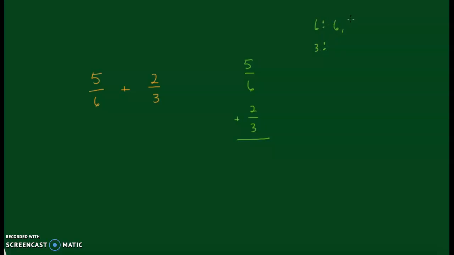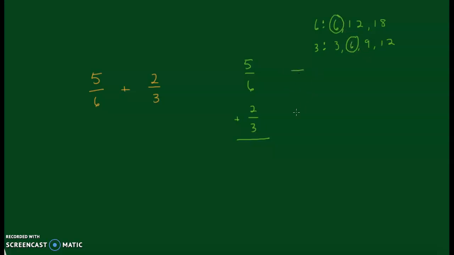The first few multiples of 6 are 6, 12, 18. And the first few multiples of 3 are 3, 6, 9, 12. Now I'm looking to see if there's a common multiple that's the same for both, and there is at 6.